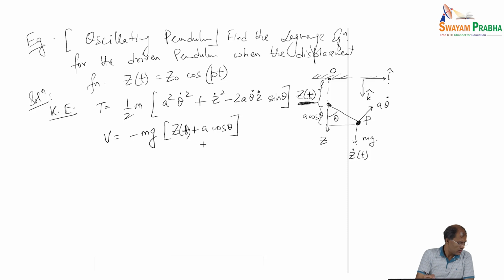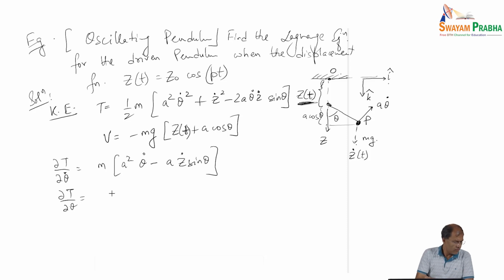So now the potential energy is this, and let us now write down the Lagrange equation. We see that partial T partial theta dot is going to be m times a squared theta dot minus a times z dot sine theta, because z is also a function of time. And partial T partial theta we can differentiate.